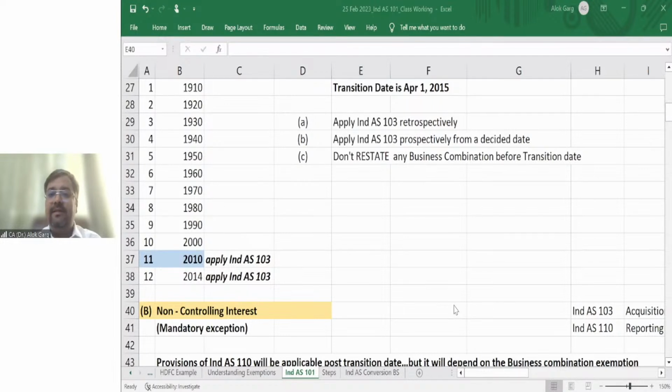The difference is, in IGAAP, the non-controlling interest, the minority interest cannot be negative, right? But in Ind AS, NCI can be negative.